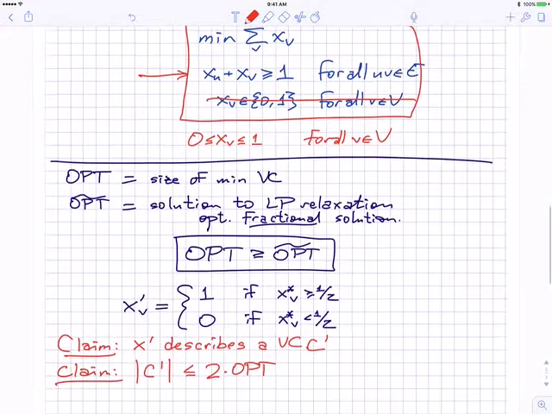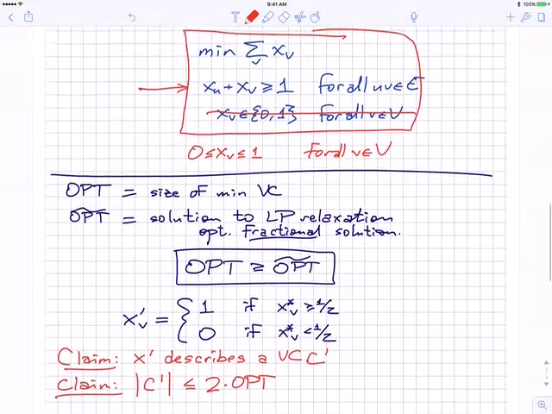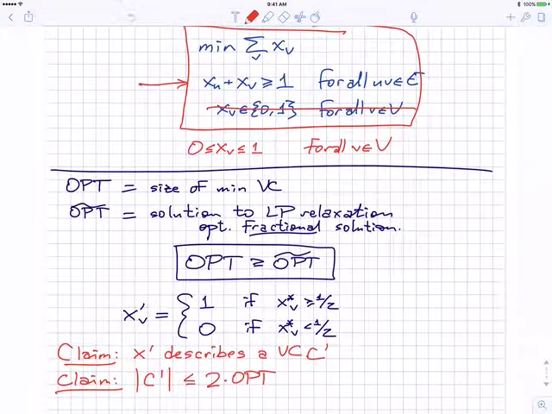The objective value, that sum up there, represents the size of the vertex cover. You get a 1 for every vertex that's in and a 0 for every vertex that's out. What did we do to that objective value when we rounded? Right. So whenever we rounded up, we at most doubled the value. Whenever we rounded down, well, whatever, we rounded down.